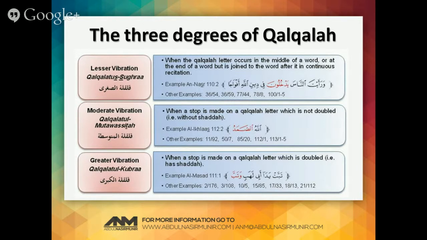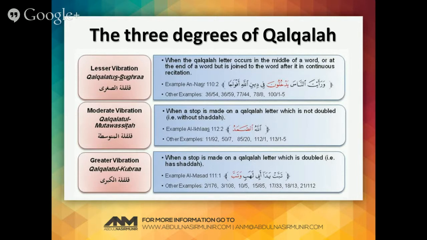So we will apply Qalqalah here, and this will be of lesser vibration. Why? Because it's not where we are stopping completely. We're not saying yad, like وَرَأَيْتَ النَّاسَ يَدْ. We're not stopping here. We're carrying on: يَدْخُلُونَ.